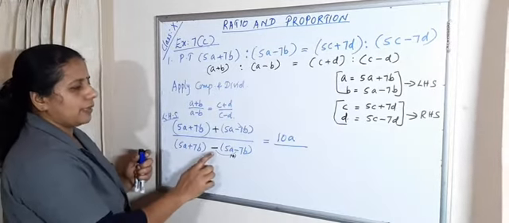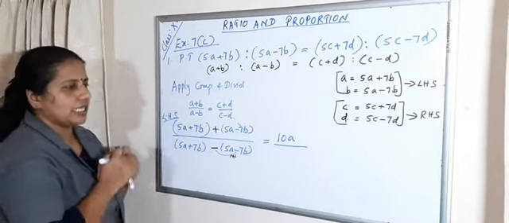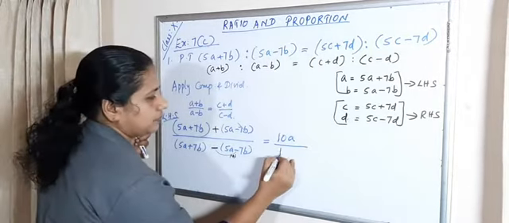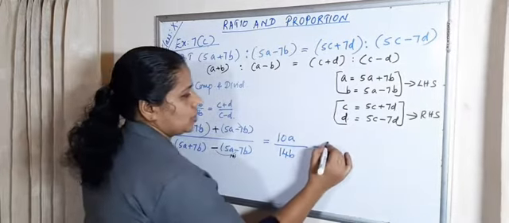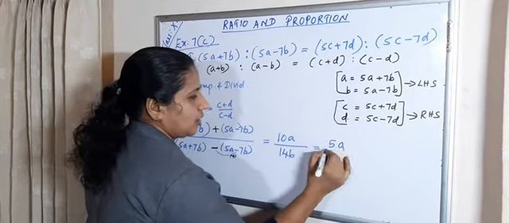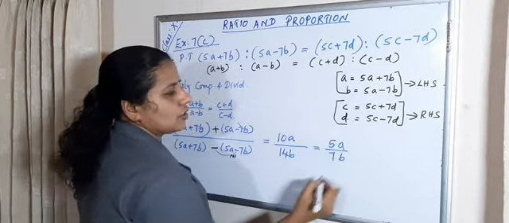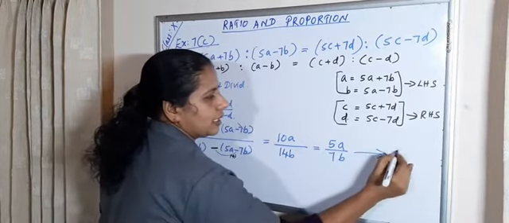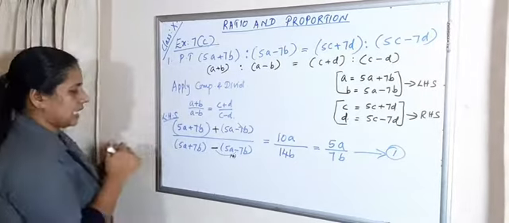So 7B minus of minus 7B is 7B + 7B, that is equal to 14B. That is 2 5s are 10, 2 7s are 14. So 5A by 7B. Now put it as 1, the LHS side as 1.